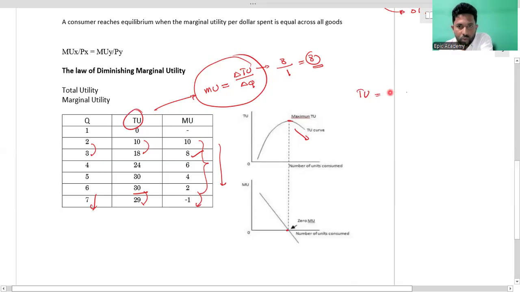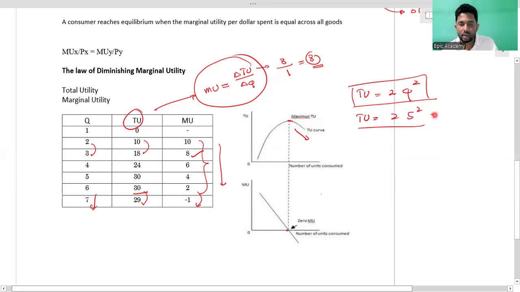TU equals 2Q squared. Q means the quantity of commodity consumption, power 2. This is the total utility. That means if you consume 5 commodities, the value is 2 times 5 squared. So how can you identify the marginal utility?